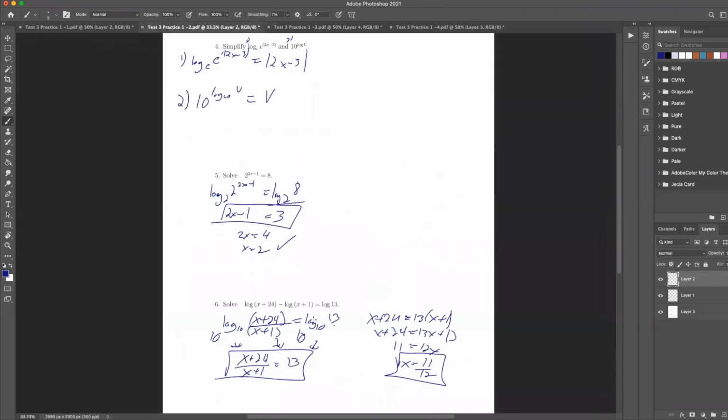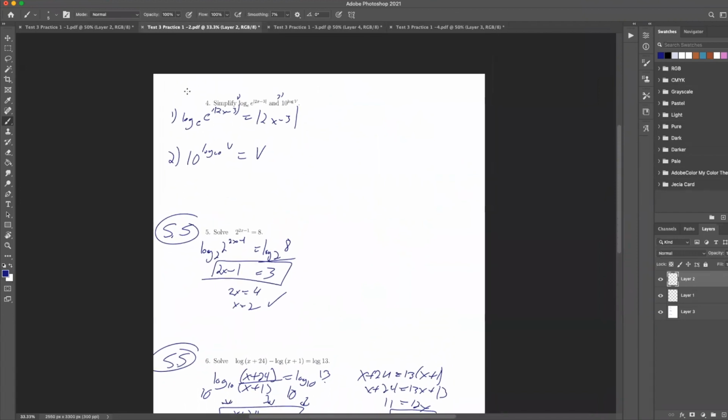And here, this is solving a log equation, so this is 5.5. This is solving an exponential equation, so 5.5. This is your log rules, and so this is 5.3. Both of these are 5.3.